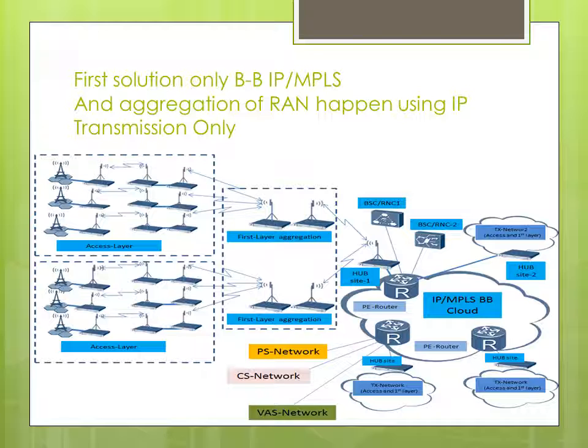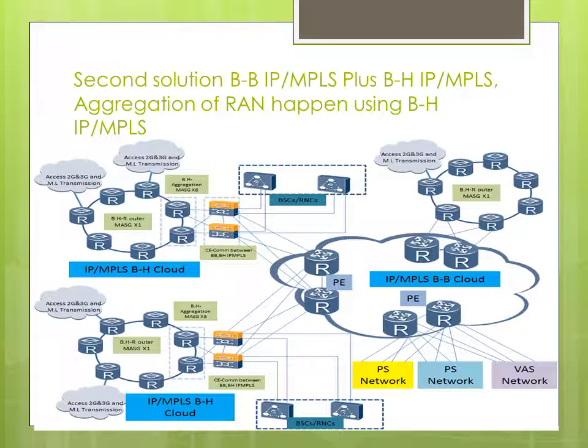So progress didn't stop at that point, because we needed the whole network end to end to be an IP MPLS cloud. So the first thing we did here was convert our backbone from a legacy transmission system toward an IP MPLS network. In the next slide we are going to show the next step we did in that progress.